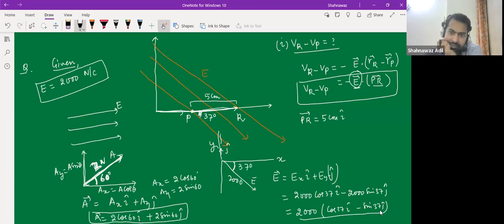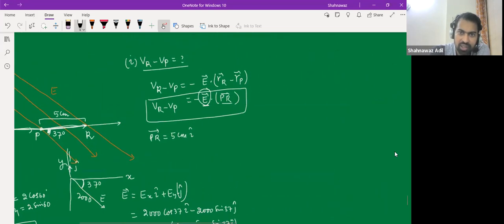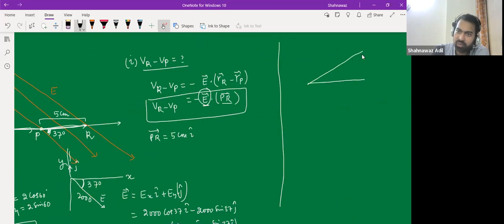Clear? Yes, sir. Okay, now we have to remember one more thing. If we have an angle which is 37 degree, always remember that whenever we have this 37-degree angle, this is the right triangle whose base is, let's say, 4, perpendicular is 3, and hypotenuse is 5.